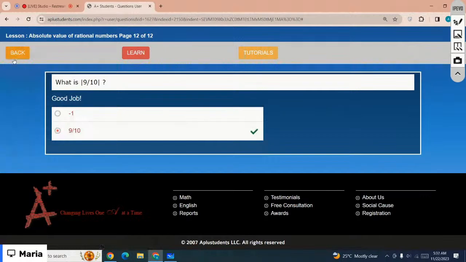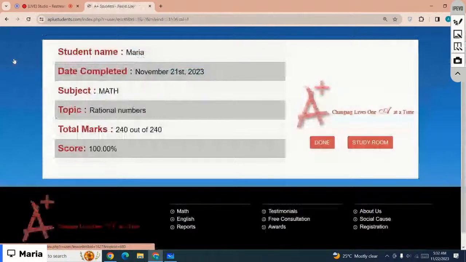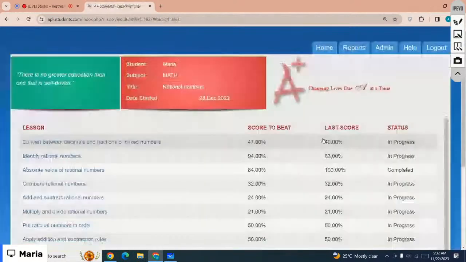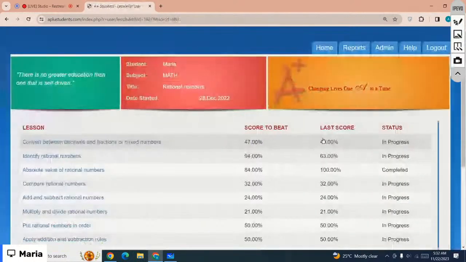The next lesson is compare rational numbers.